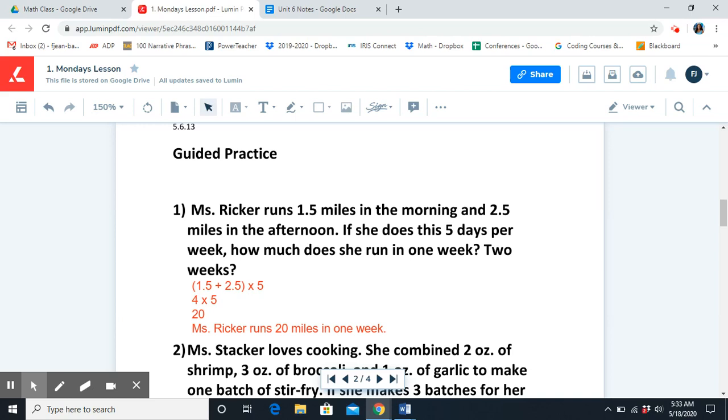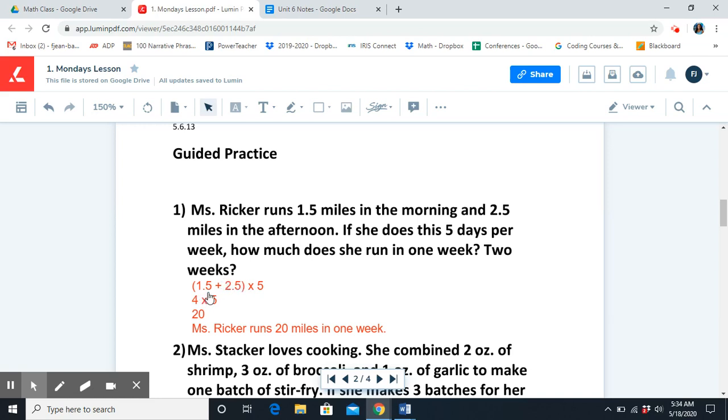So of course we have to add before we can multiply. So we're sure to put parentheses around 1.5 plus 2.5 miles to show its priority.